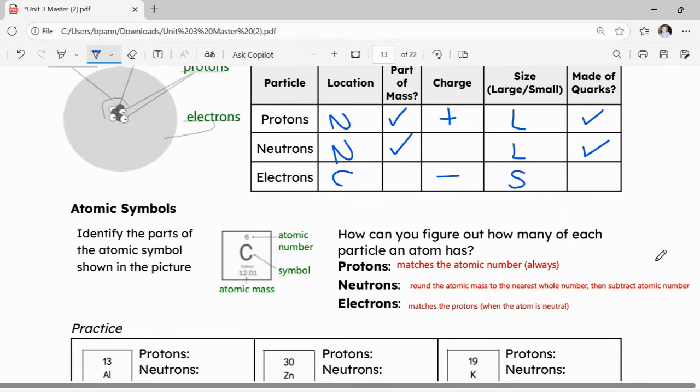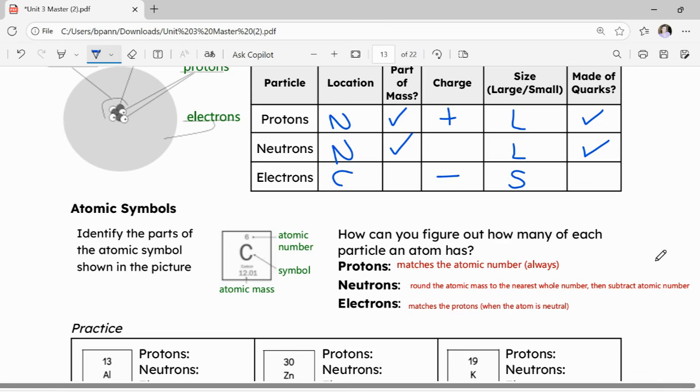Remember that elements can have more than one possible number of neutrons. Changing the number of neutrons won't change the element itself, but it will change its mass, and it will cause it to be a different isotope of that element. To find the number of neutrons using the periodic table, we'll round the atomic mass, that's the one with the decimal, to the nearest whole number. For carbon, this would be 12, because 12.01 is closer to 12 than to 13.